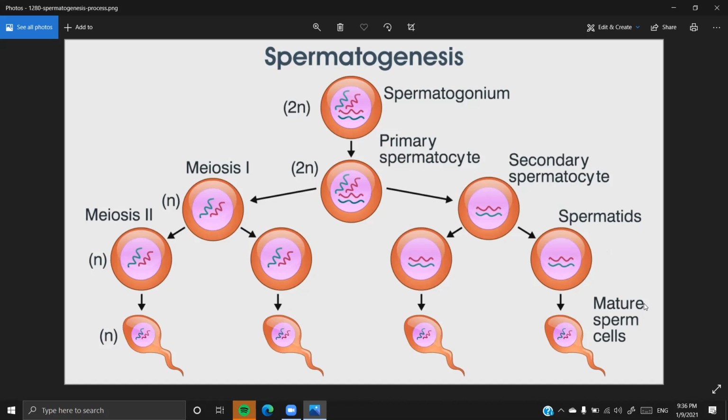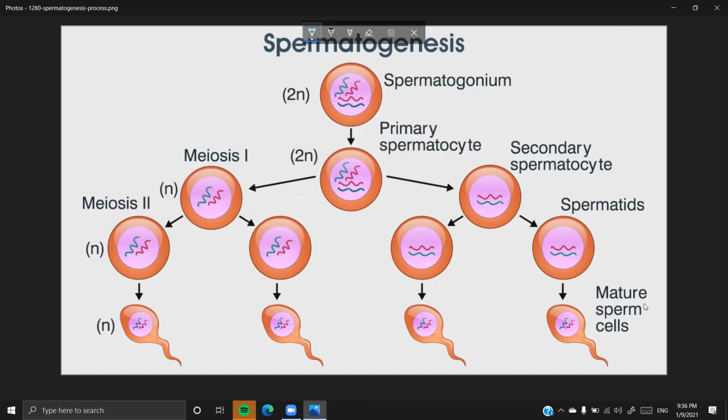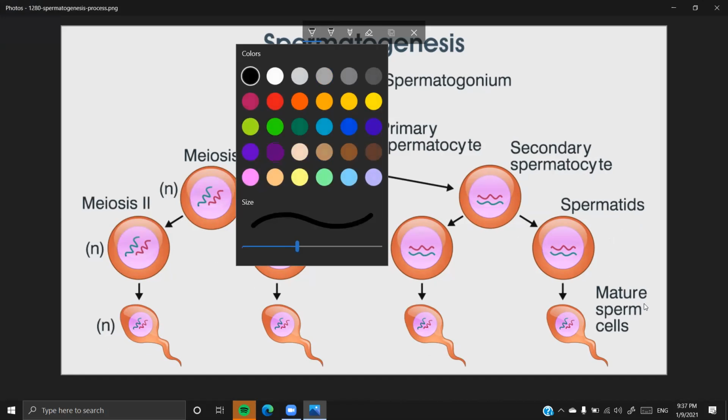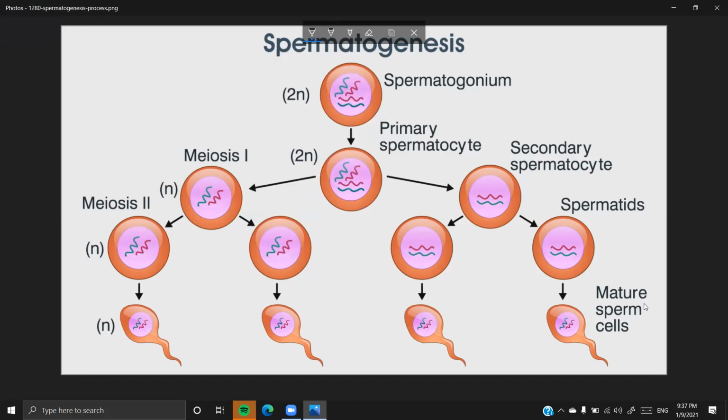And this process of production of spermatozoa from a spermatid is called as spermiogenesis, what we have learned now. That is spermiogenesis.